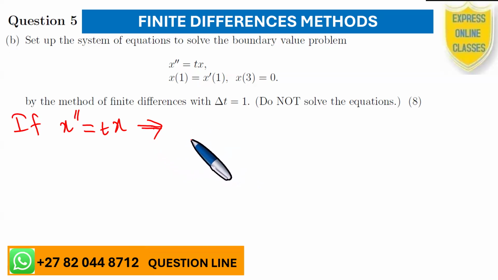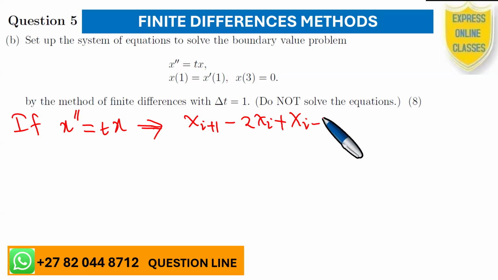It then implies that x double prime is going to be x sub i plus 1 minus 2x sub i plus x sub i minus 1 divided by h squared.